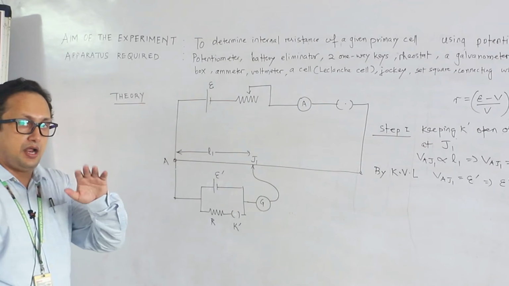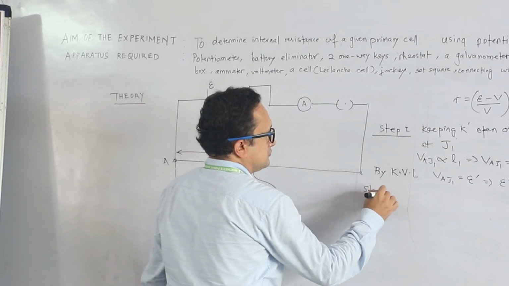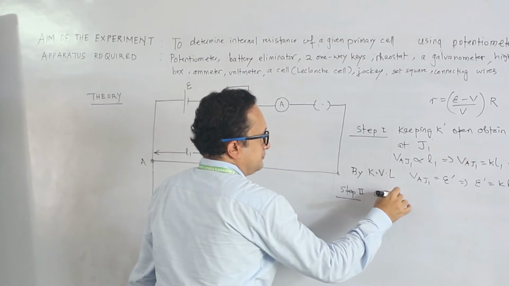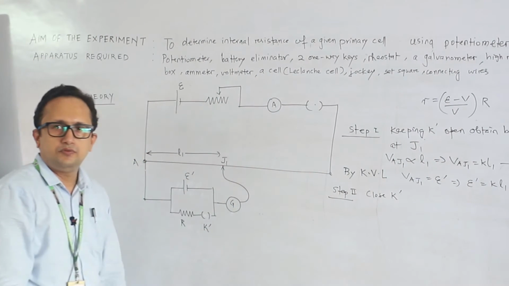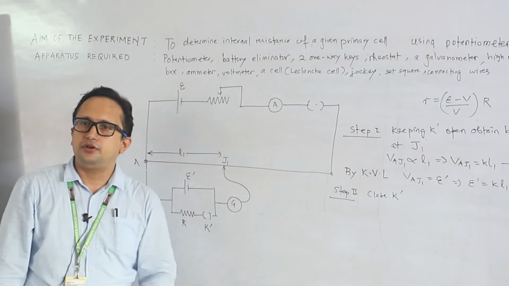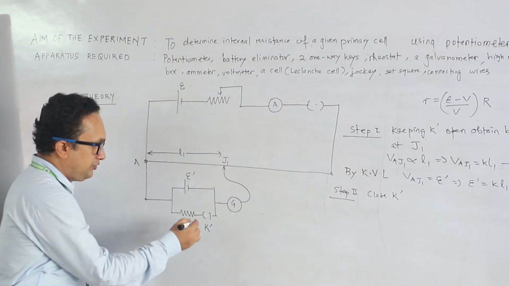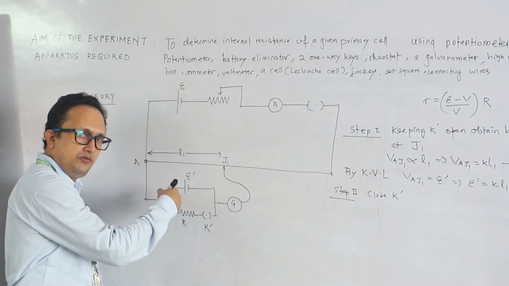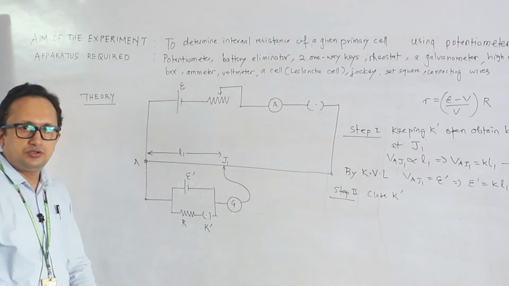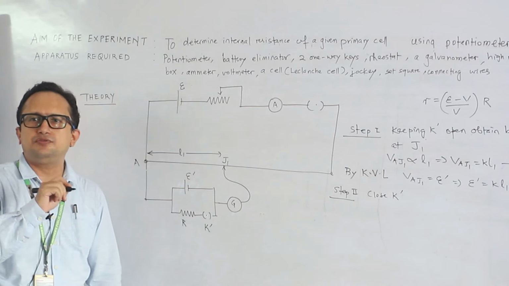Fine. Now go to step 2. In step 2, close K prime. When you close K prime, you will see that the balance point is again disturbed. The galvanometer will show some deflection. Why? Because once you close K prime, a current flows in this circuit, so the balance point is disturbed. So you again search for the balance point.